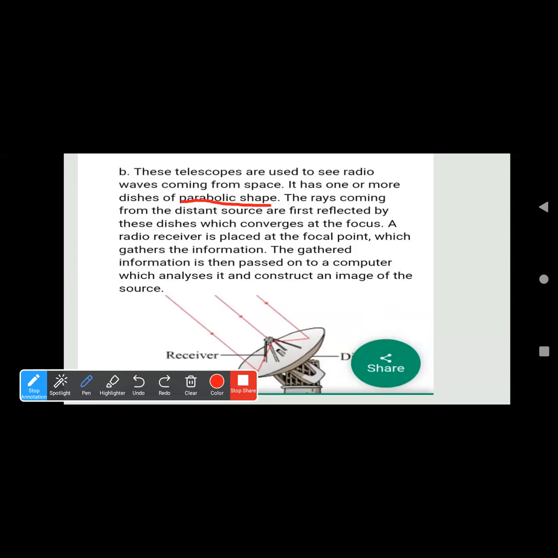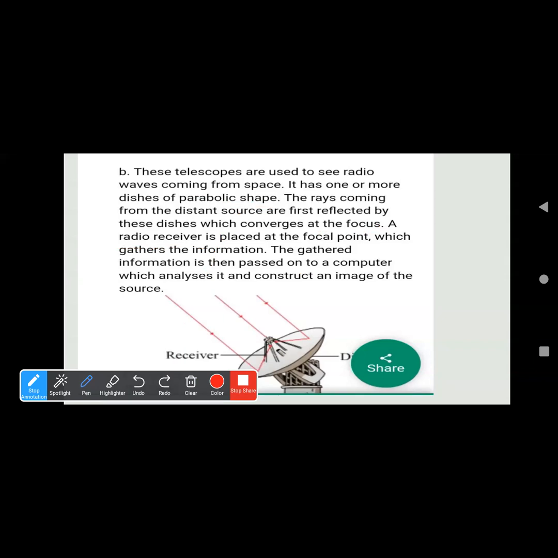The rays coming from the distant source are at first reflected by these dishes, which converge at a focus. Then it has got a focus point. A radio receiver is placed at the focal point, which gathers the information. The gathered information is then passed on to a computer, which analyzes it and constructs an image of the source. So it is only this much that you have to learn and write.